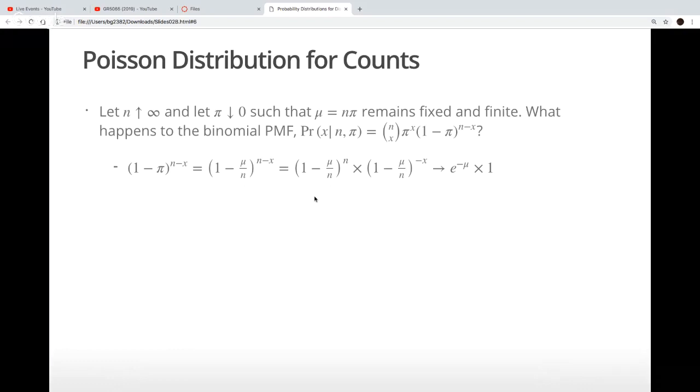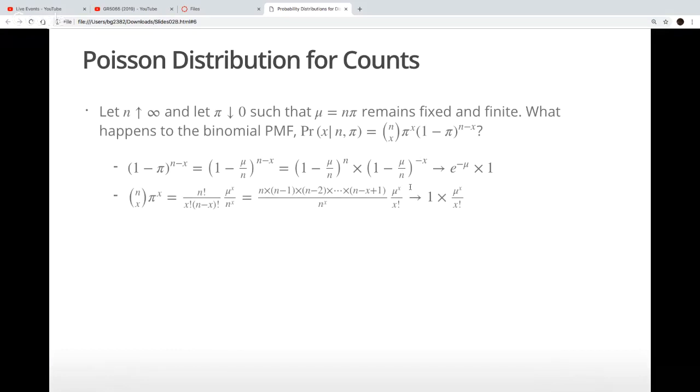There are lots of equivalent ways to define e, the number, which is approximately 2.718. Anyway, the limit of that first term is e to the negative mu. And then we have (1 minus mu over n) raised to the power of negative x. Those are all constants except for n. So as n gets large, mu over n goes close to 0, and that just becomes 1 raised to the power of negative x, so that's 1.